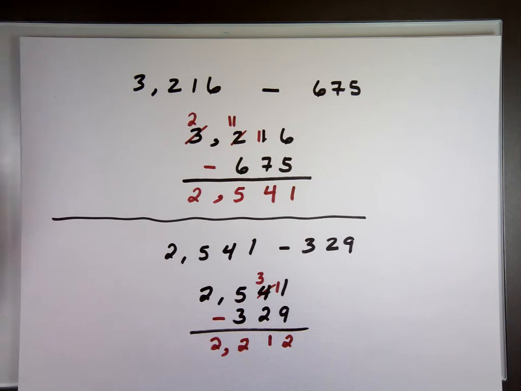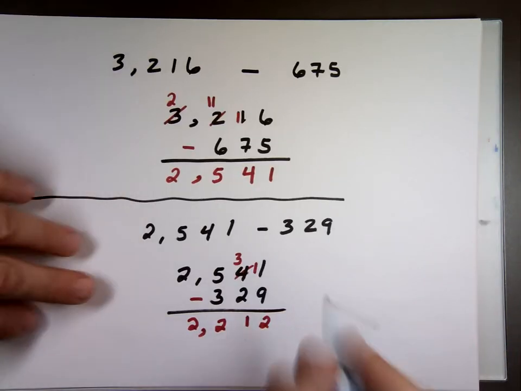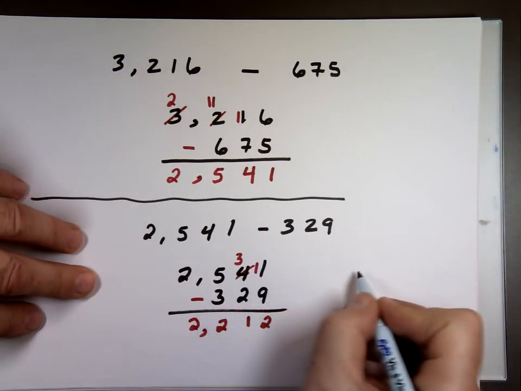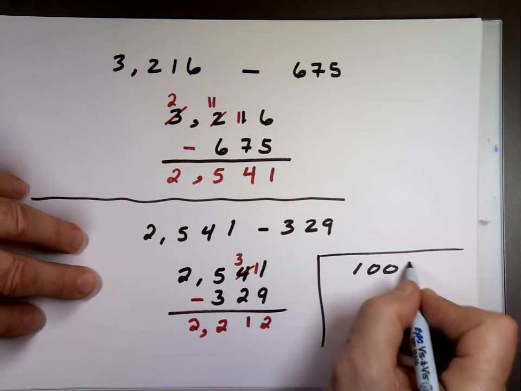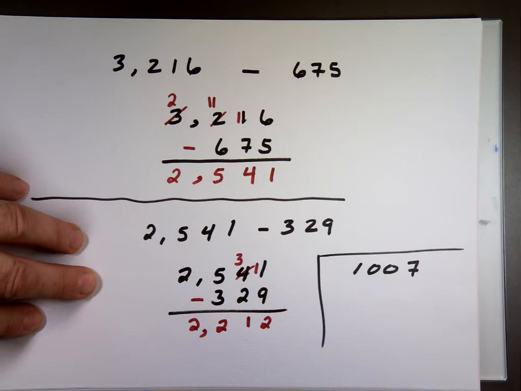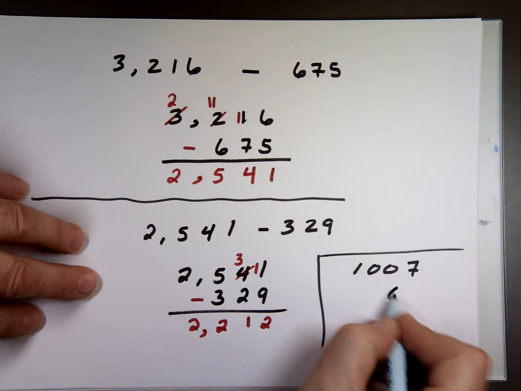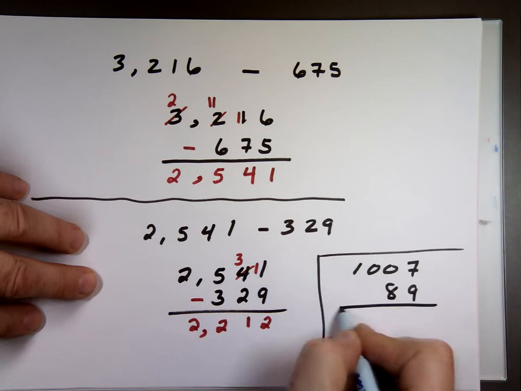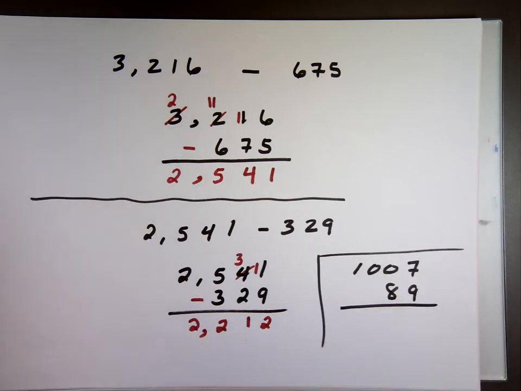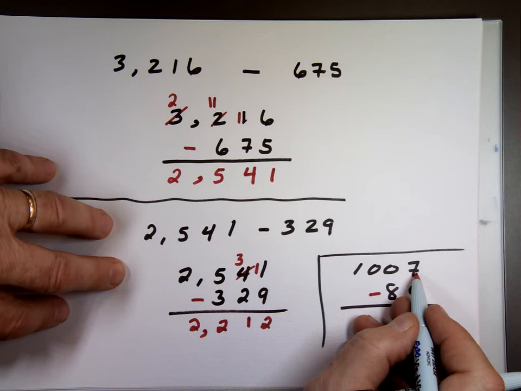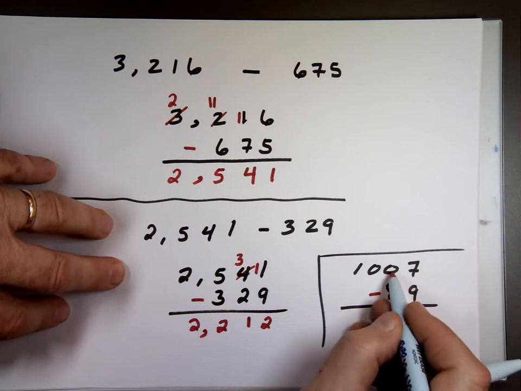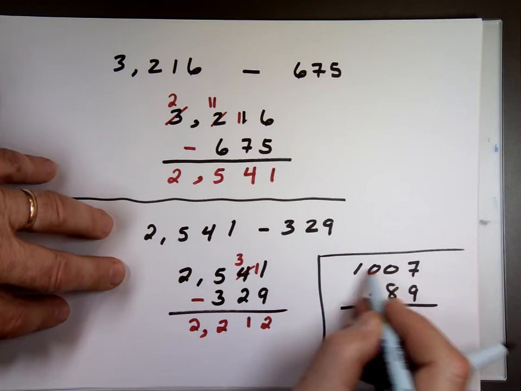In some cases, you have a problem where, like this one, in your checking account you have $1,007. And now you want to pay electric bill of $89. You go 9 from 7, you can't, right? You got to borrow 1 from this, doesn't have it. From this, doesn't have it. You got to go all the way to this.